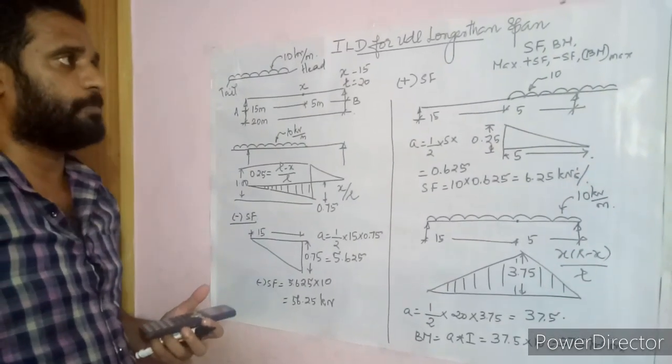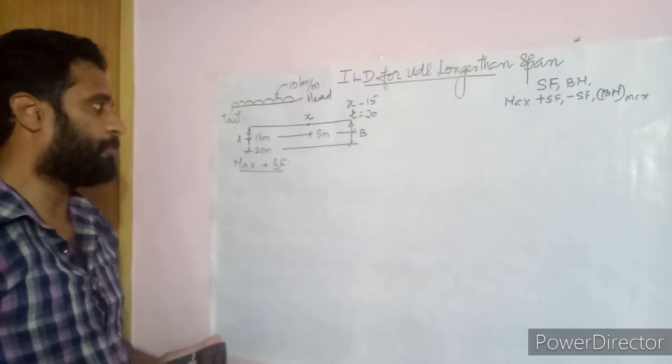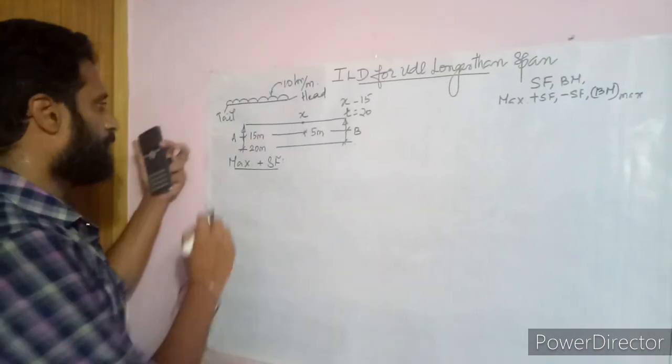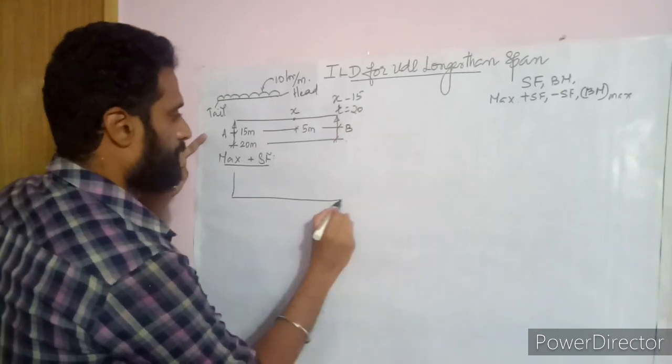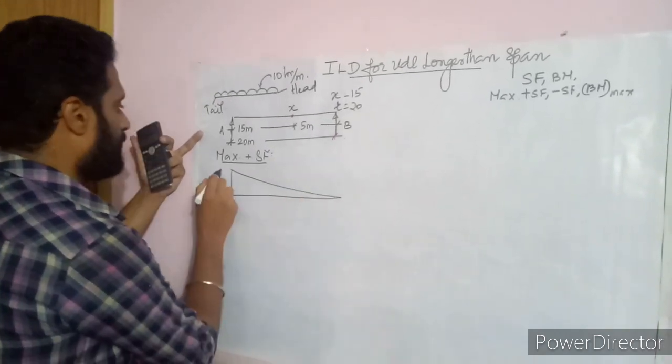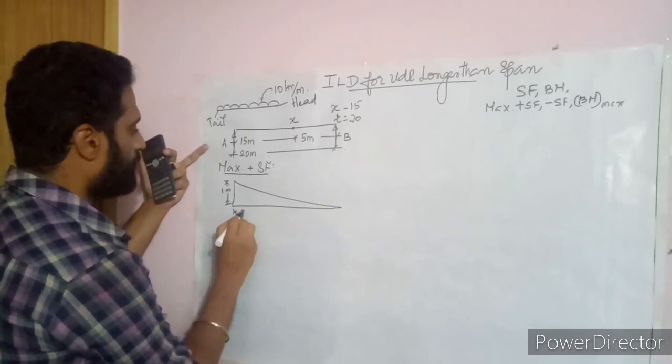Next we are going to calculate the maximum shear force and maximum bending moment. The next calculation is to find the maximum positive shear force and negative shear force. We know that the maximum positive shear force occurs at the left end, which has the value of 1, and the distance is 20.